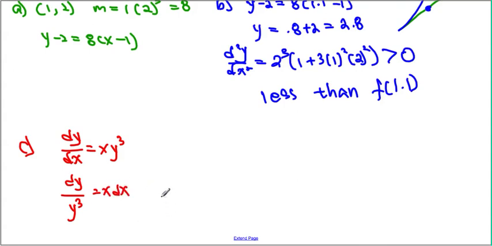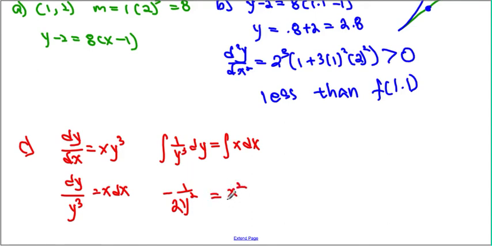Now when you integrate both sides, we have y cubed dy equal to x dx. Here we have negative 1 over y squared, and then we divide by 2. By the reverse power rule, this is equal to x squared over 2 plus c.